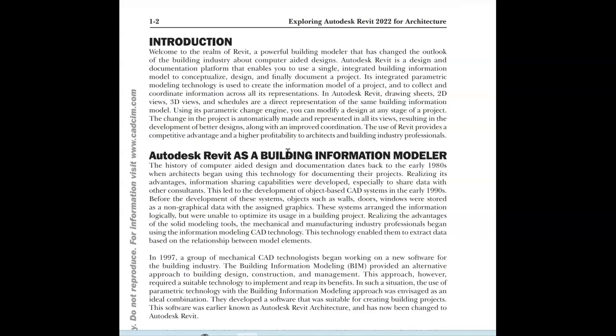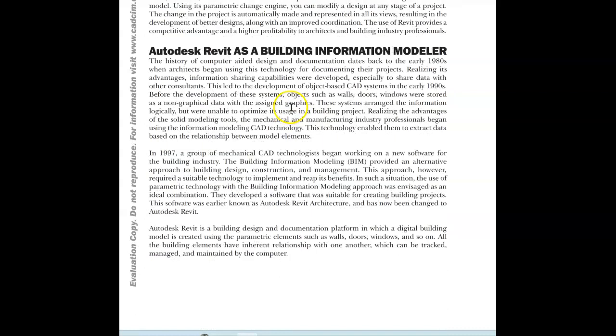Revit is a powerful building modeler that's changed the outlook of the building industry because, like I had said in class, it's more like working with Lego, and each of its components are jam-packed with information that you can alter or you can use as is. Revit has become one of the leading building information modelers, a BIM machine.